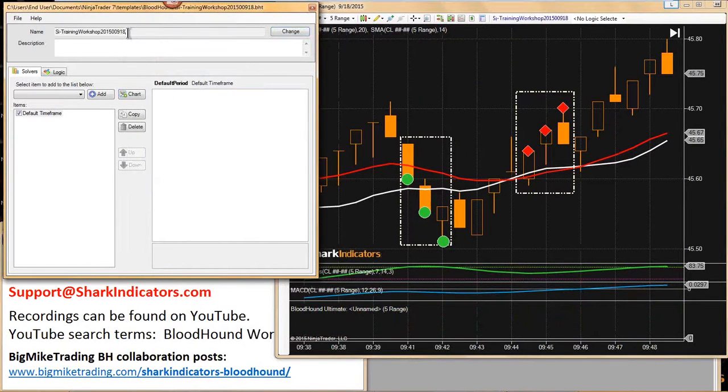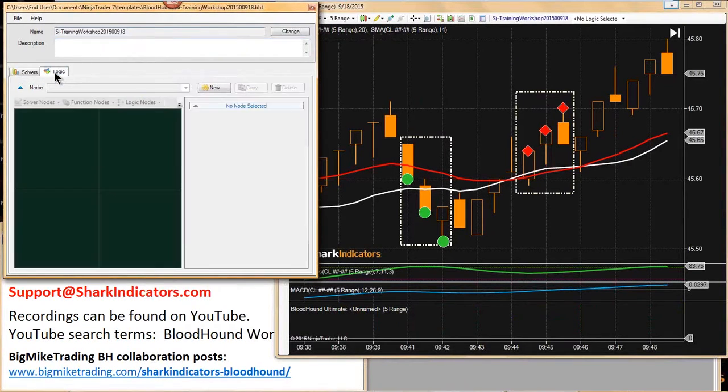Now we've got a file name that BloodHound can save all your work back to. I'm going to switch over to the Logic tab and start working in a new Logic template here.